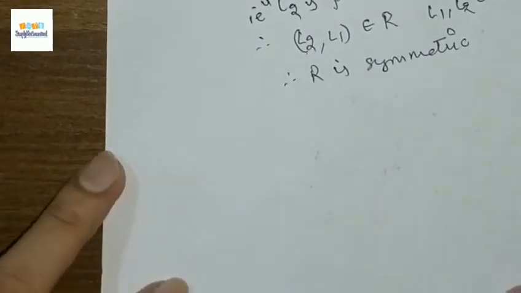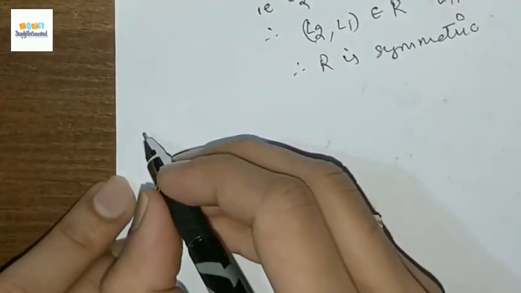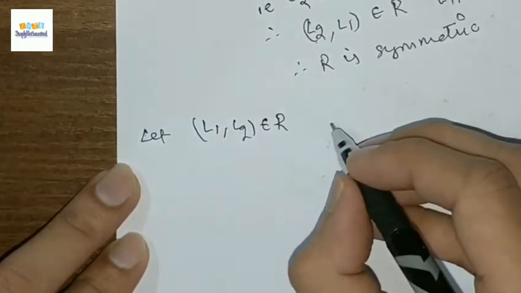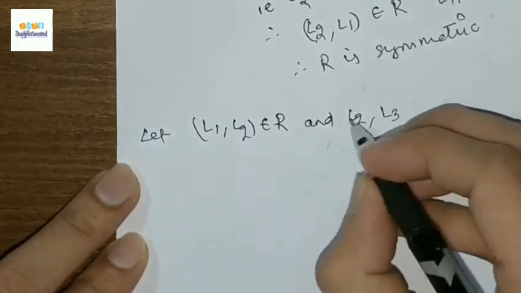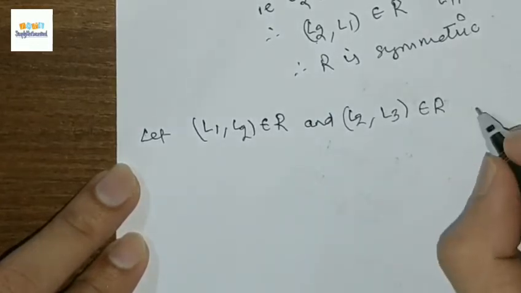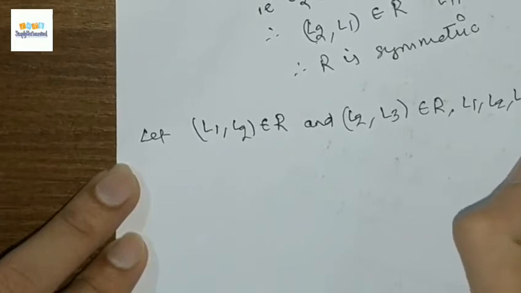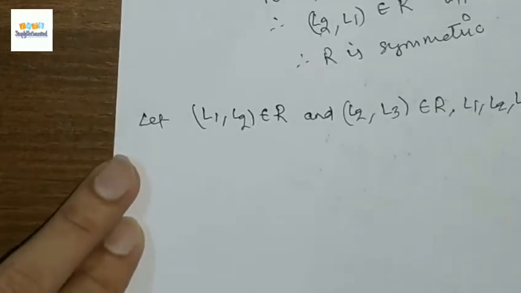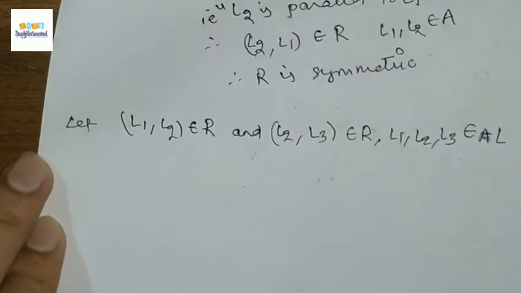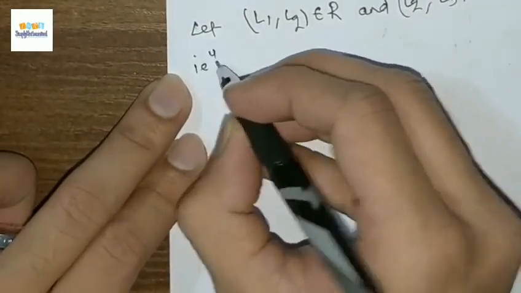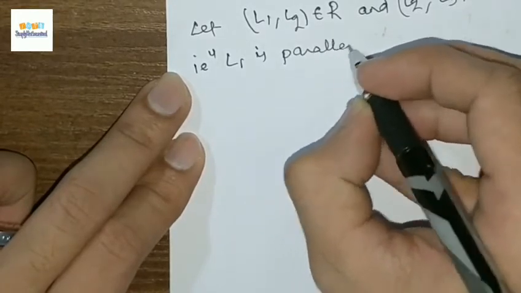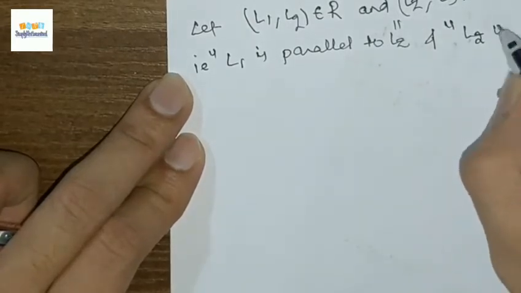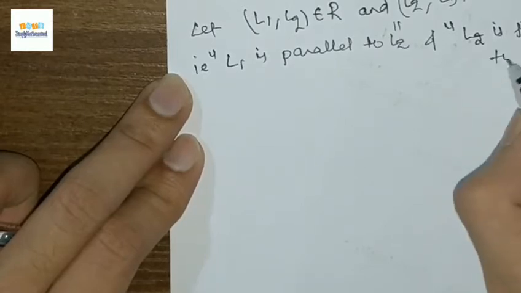Now we will prove that R is transitive. Let L1, L2 belong to the set R and L2, L3 belong to the set R. L1, L2, L3 all belong to the set L. That is L1 is parallel to L2 and L2 is parallel to L3.